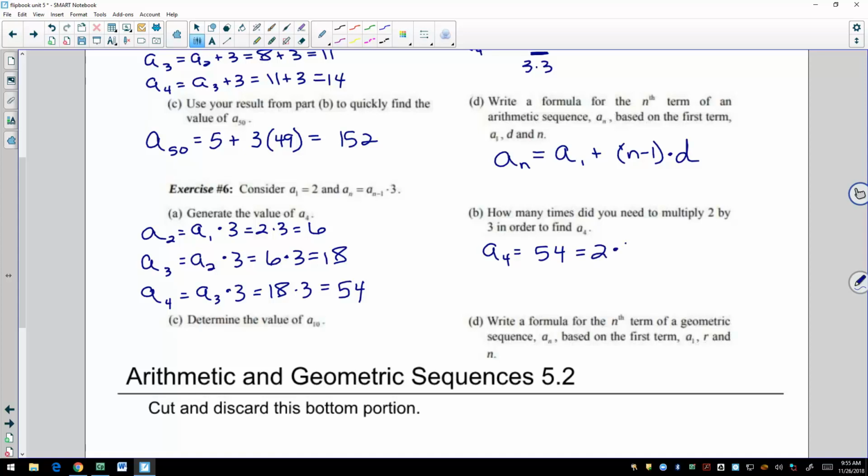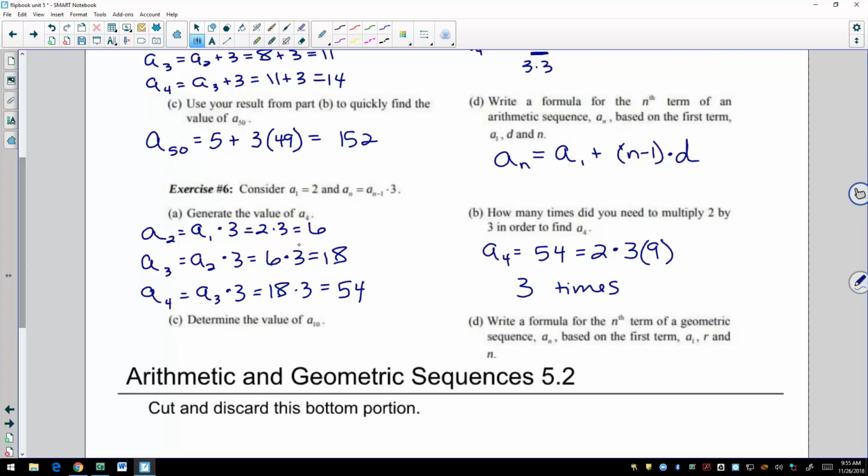How many times did we multiply by 3 to get 54? Well, if you notice, 54 divided by 2 is 27, so 3 times 9, right? So that's 3 times. So it's 1 less than the number, whatever output you're finding.